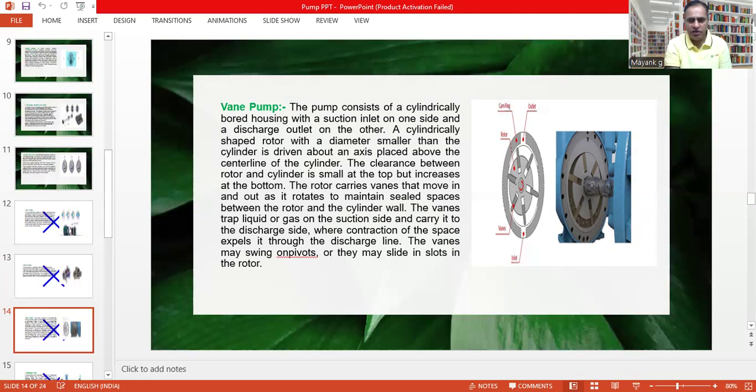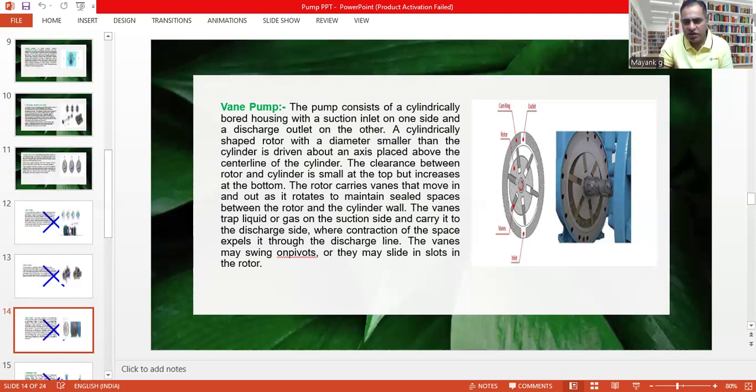The clearance between the rotor and the cylinder is small at the top, but it increases at the bottom. The rotor carries vanes that move in and out as it rotates to maintain sealed spaces between the rotor and the cylinder wall. The vanes trap liquid or gas on the suction side and carry it to the discharge side.